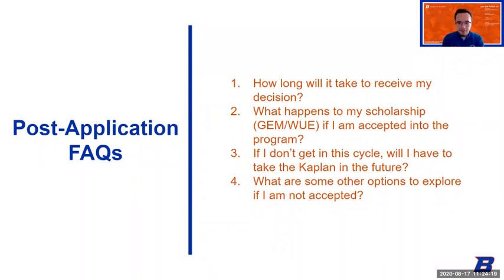Awesome. Okay. And I've heard some things about a Kaplan test. However, I know that that is not going to be required for this semester, this application cycle with everything going on. However, if I don't get in this semester, will I have to take it in the future? I would plan to have to take it in the future.